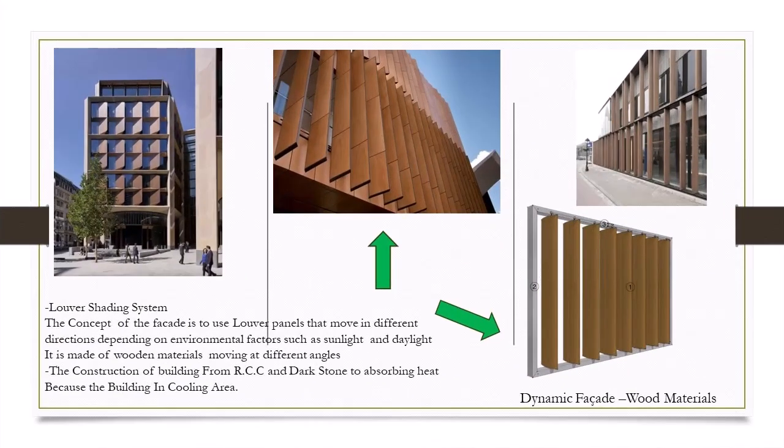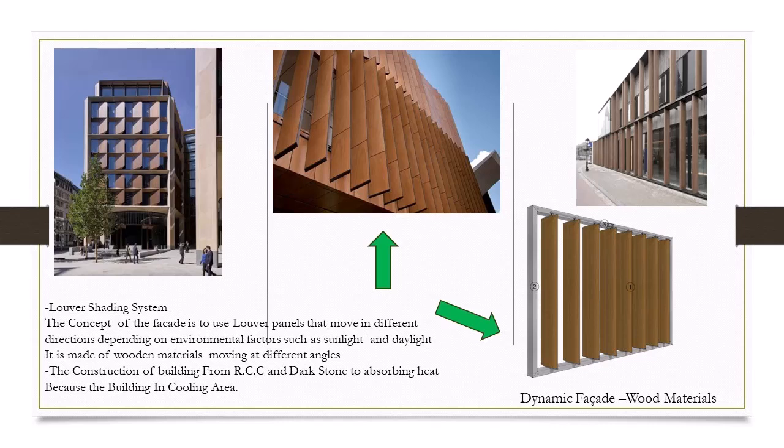My concept design is a dependent louver shading system. The concept of the facade is to use louver panels that move in different directions depending on environmental factors such as sunlight and daylight. It's made of wooden materials moving at different angles.